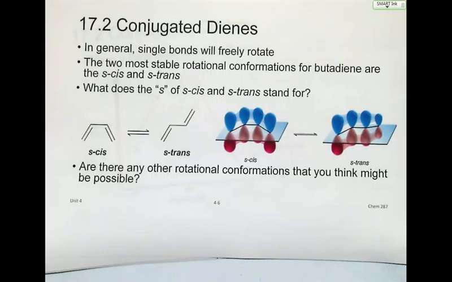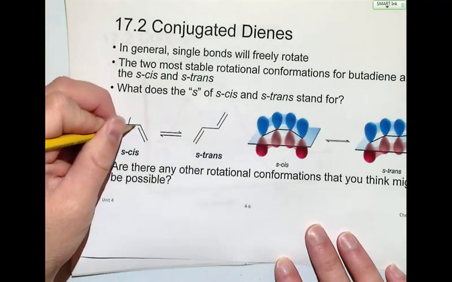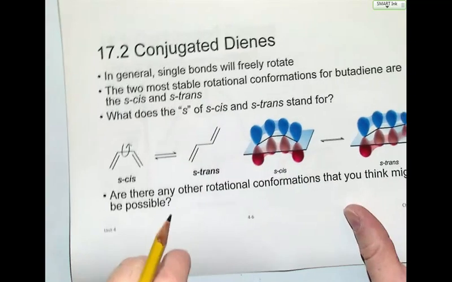So if we look at a diene, we can draw two conformations on paper. This is where I'm rotating this bond here to draw what we call the S-cis conformation and the S-trans conformation. What do you think that S stands for? We know cis and trans, right?